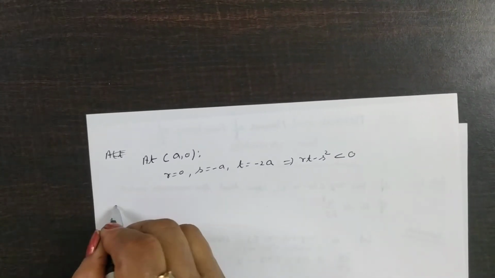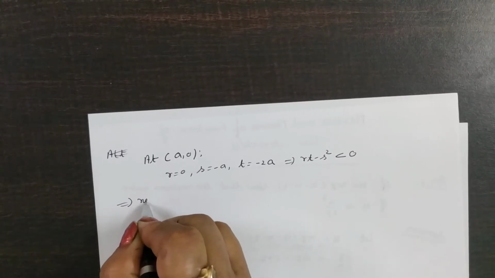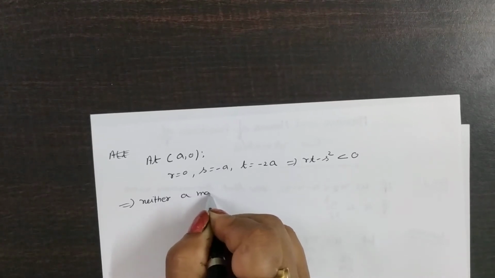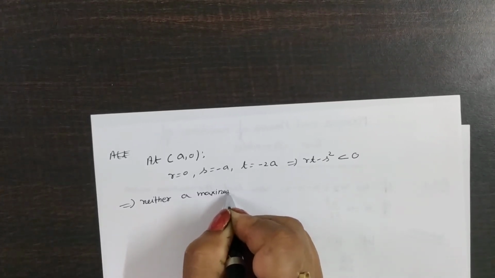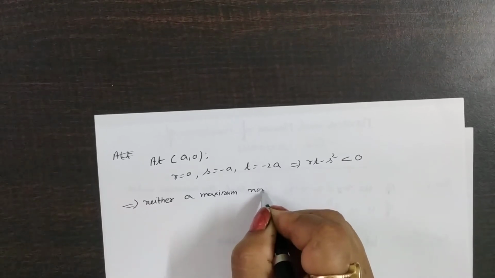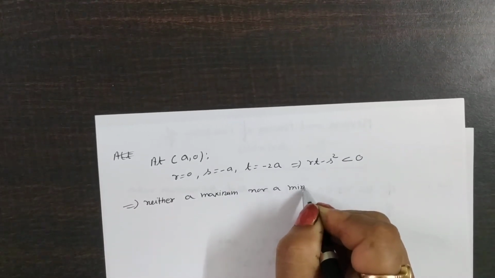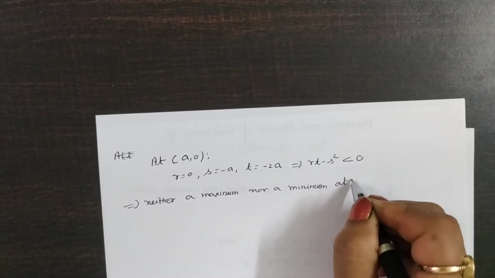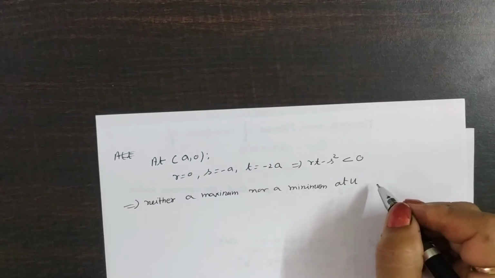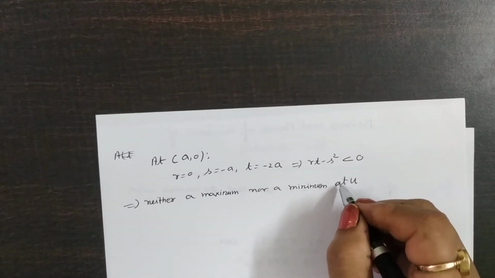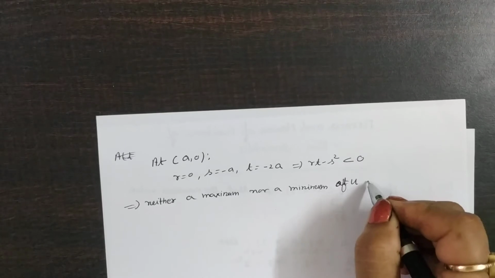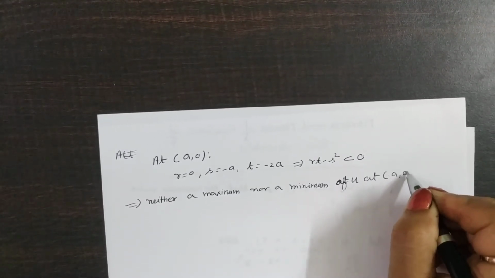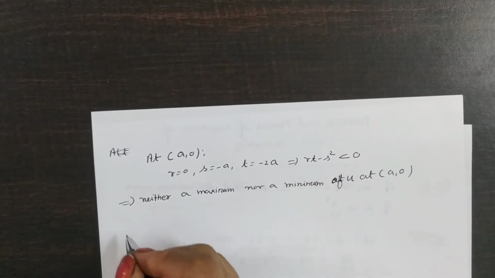Again u has neither a maximum nor a minimum at the point (a, 0). Clear? This is the third case.